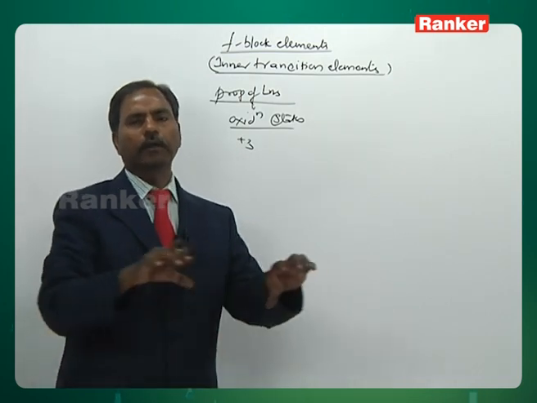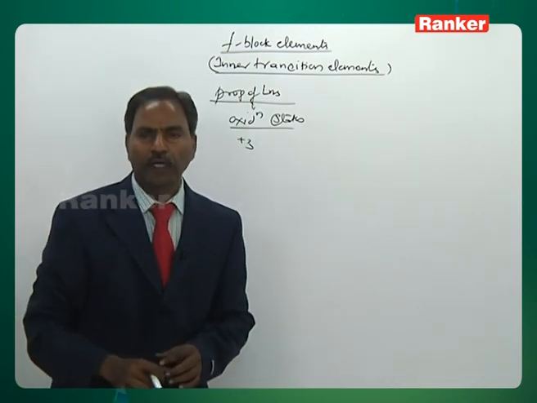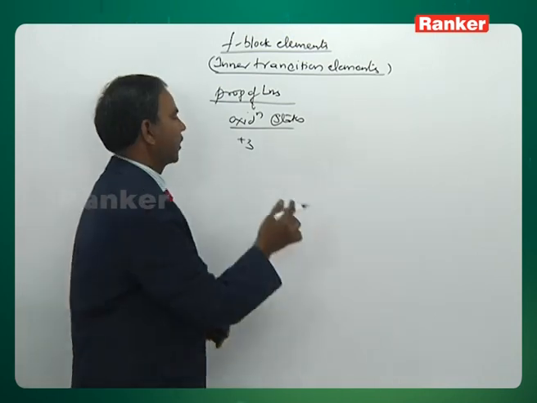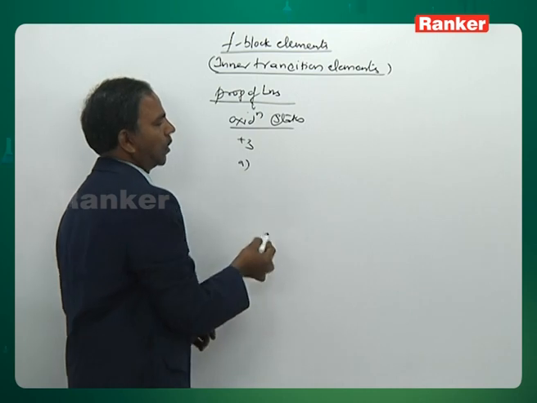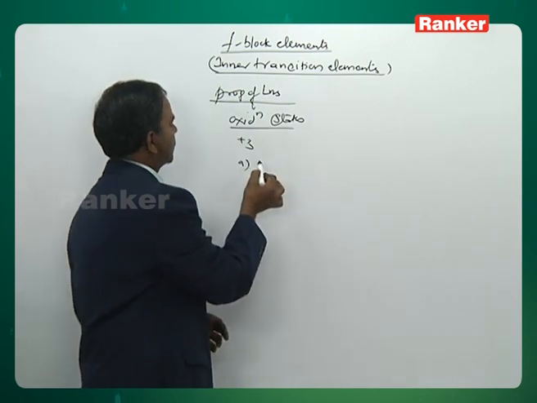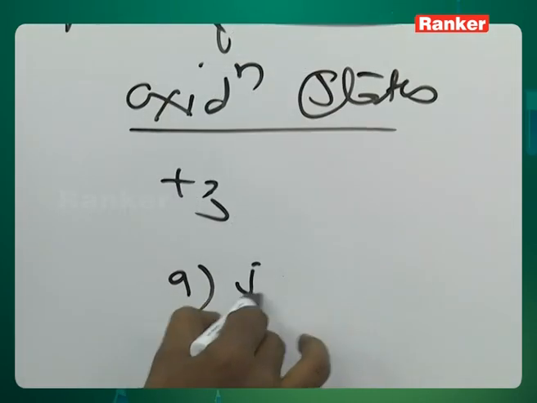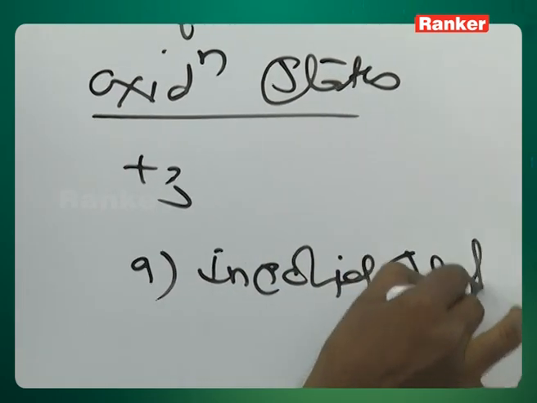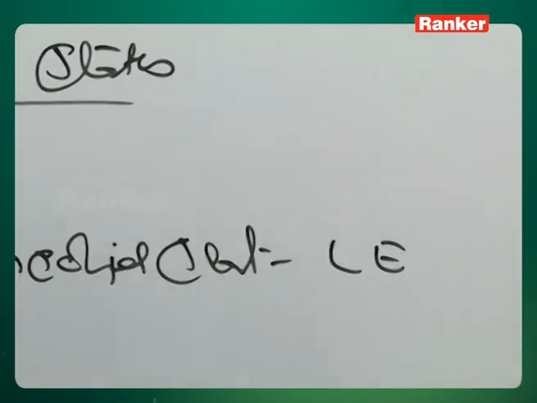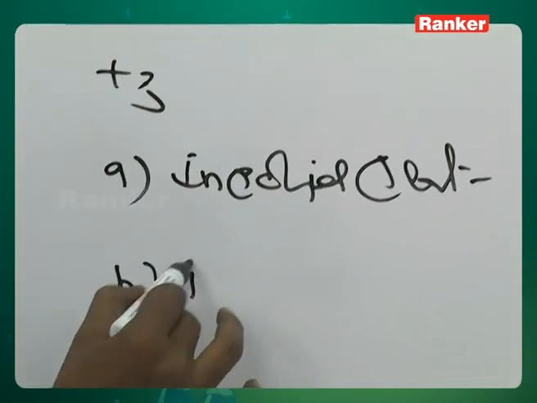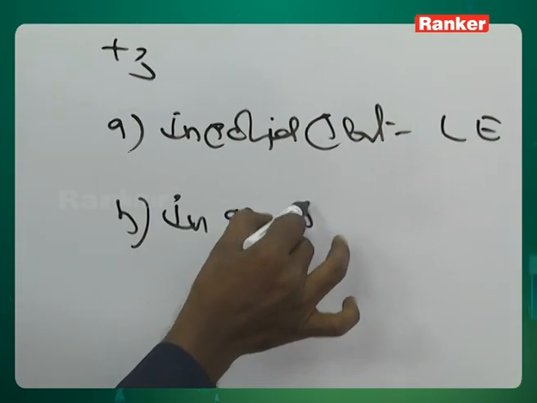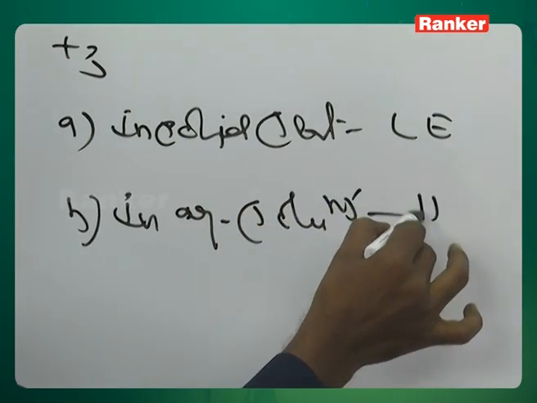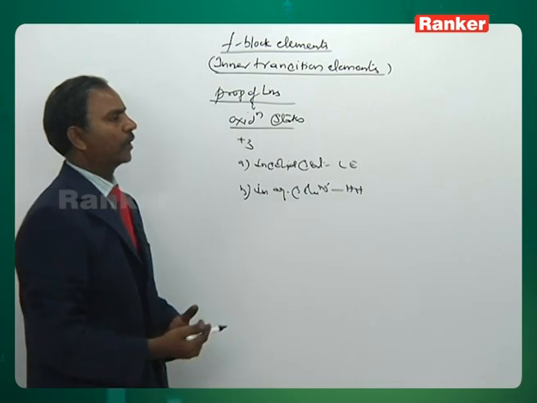Why do all 14 lanthanides commonly exhibit the +3 oxidation state? What are the reasons for it? It is due to their lattice energies in solid state, or in aqueous solutions the heat of hydration values.